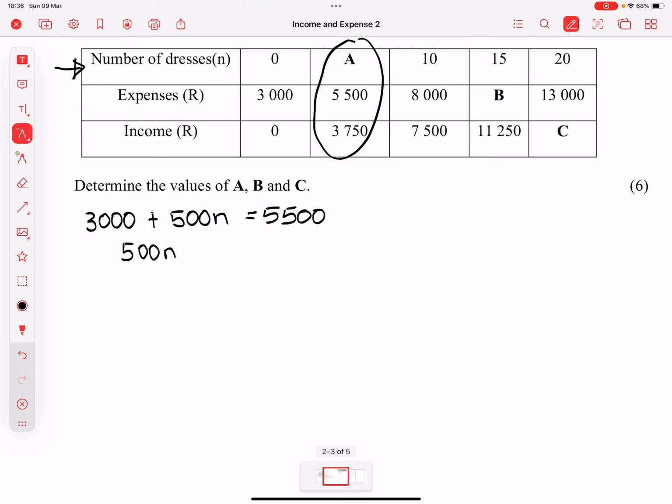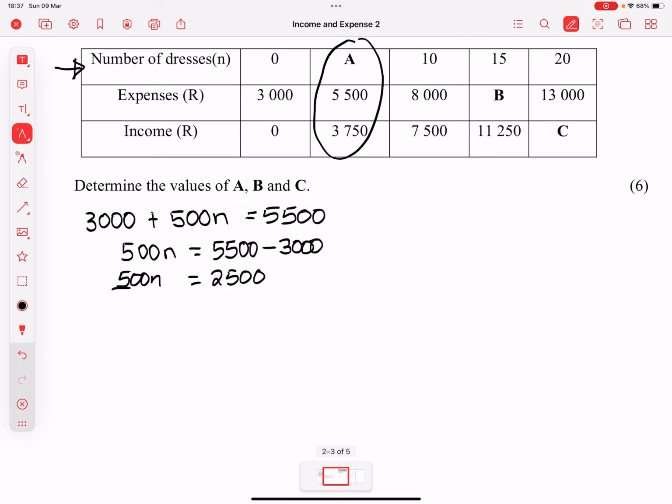We'll have 500N equal to 5,500 subtract 3,000. So if I work it out here, I end up with 2,500. So we have 500N equal to 2,500.